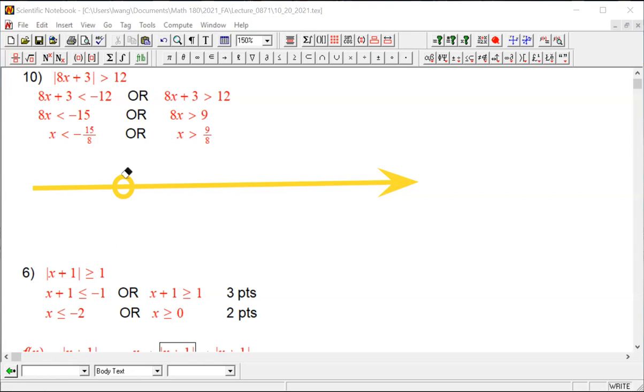I'm going to pick a point here. That's my negative. As long as you get the negative position correct, right? Because here you're going to have your negative 15/8, and the other one is going to be your 9/8.